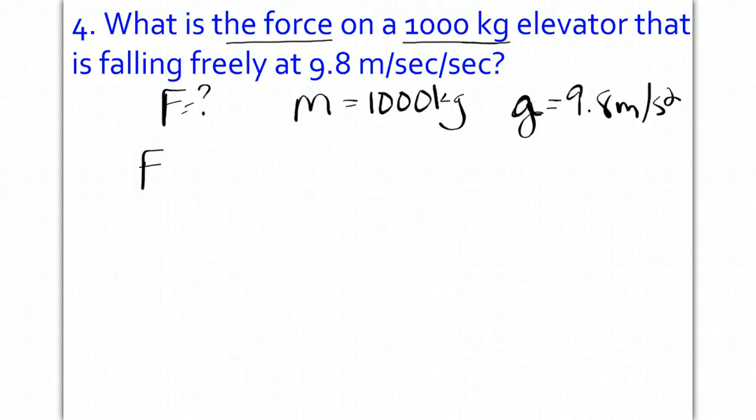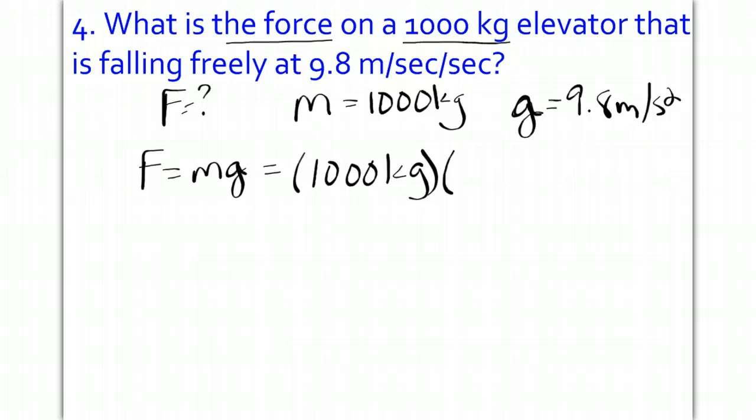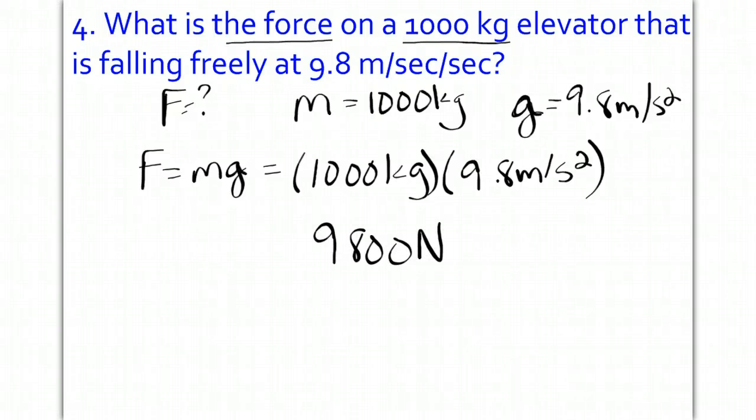And so my equation is going to be F equals ma, but since acceleration is gravity, we'll actually call it F equals mg. And so I'm going to do the mass times gravity, and that's going to give me 9,800 newtons as my force.